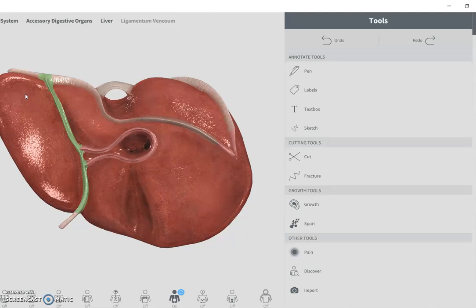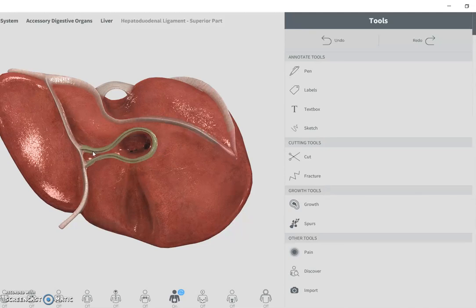Then another one that you need to know is this one, the hepatoduodenal ligament, and this hepatoduodenal ligament is the thickened portion of the lesser omentum.